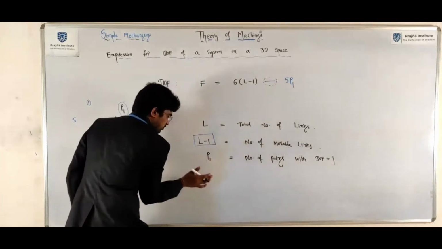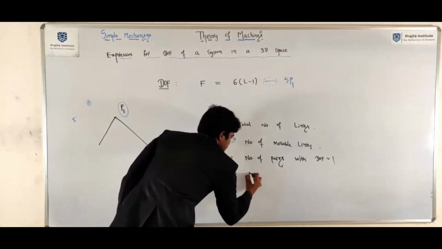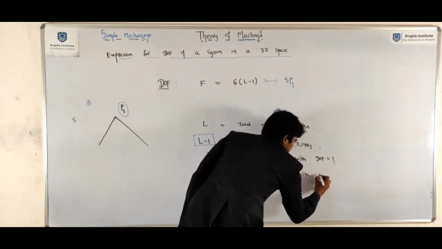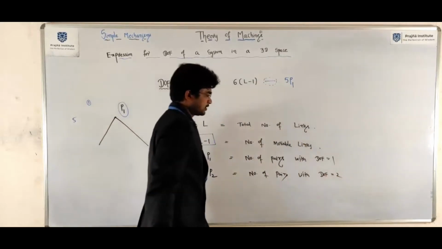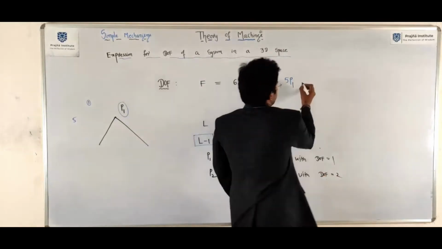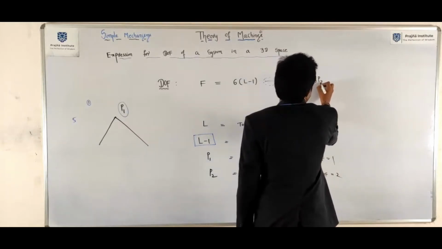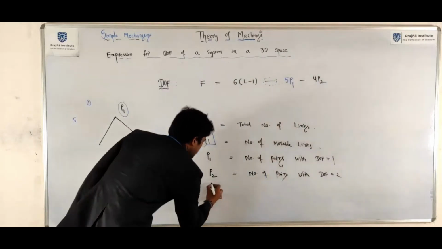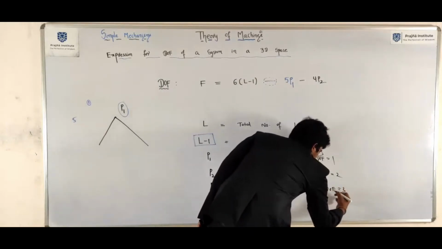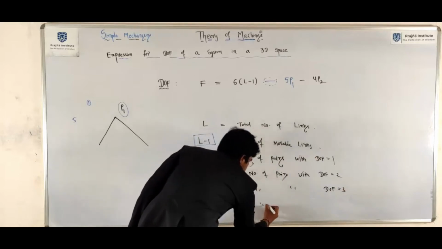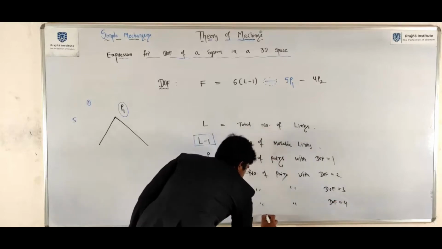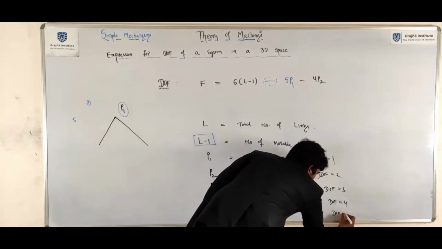Okay, now P2 is nothing but number of pairs with degree of freedom 2. Degree of freedom 2 means 2 motions are allowed, 4 motions are going to be restricted. Similarly, P3 is degree of freedom 3, P4 is degree of freedom 4, P5 is degree of freedom 5.